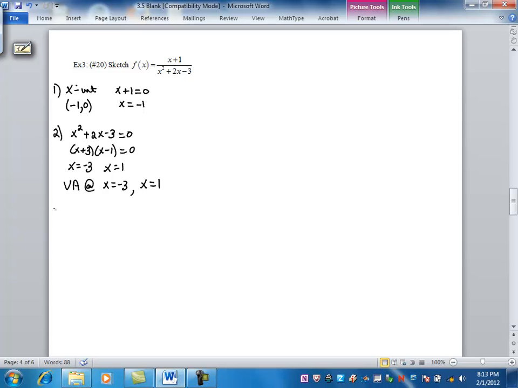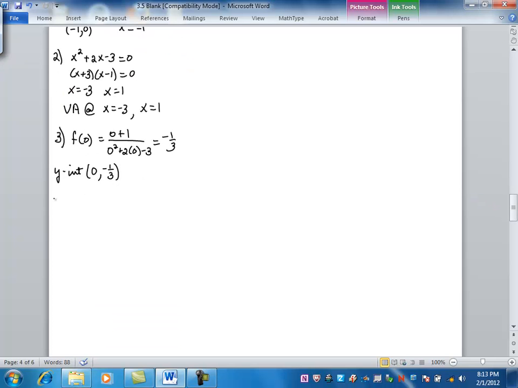And now we're going to look at our third thing here, find the y-intercept. So the y-intercept happens, of course, when x is 0. f of 0 equals 0 plus 1 over 0 squared plus 2 times 0 minus 3. So this is negative 1/3, so I've got a y-intercept at (0, -1/3). And then it says apply the theorem on horizontal asymptotes.